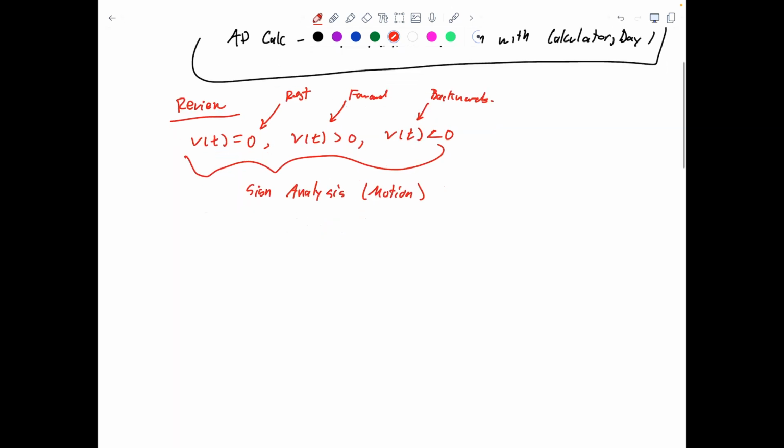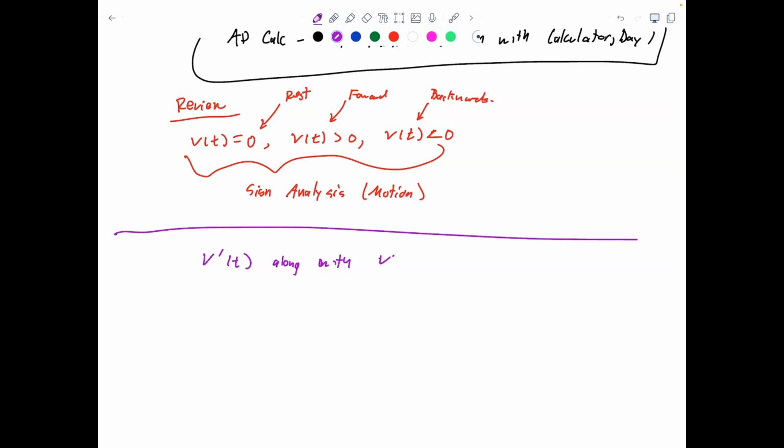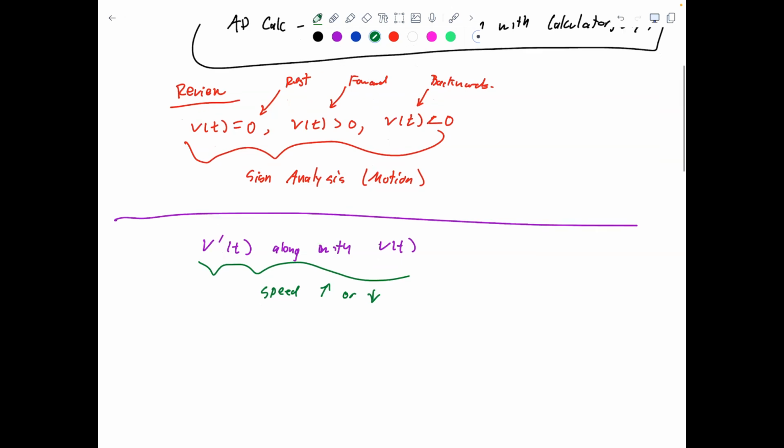And if we have v prime of t, which is the derivative of velocity, we know that v prime of t along with v of t can tell us about speed increasing or decreasing.